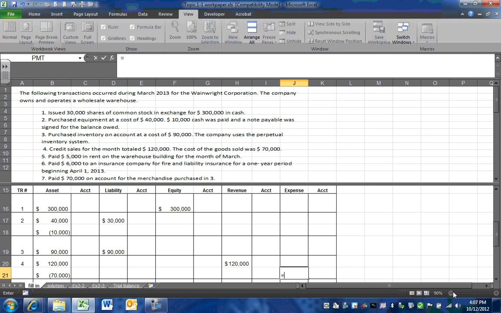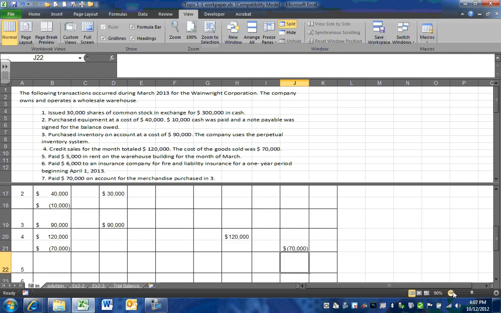So we're going to recognize an expense equal to the reduction in the inventory. We're going to come back later and put in the account names, but right now the effect on our accounting equation is an increase in assets, an increase in retained earnings through revenue, a decrease in inventory, and the recognition of an expense. Well, these net out to 50,000 on each side of the accounting equation.